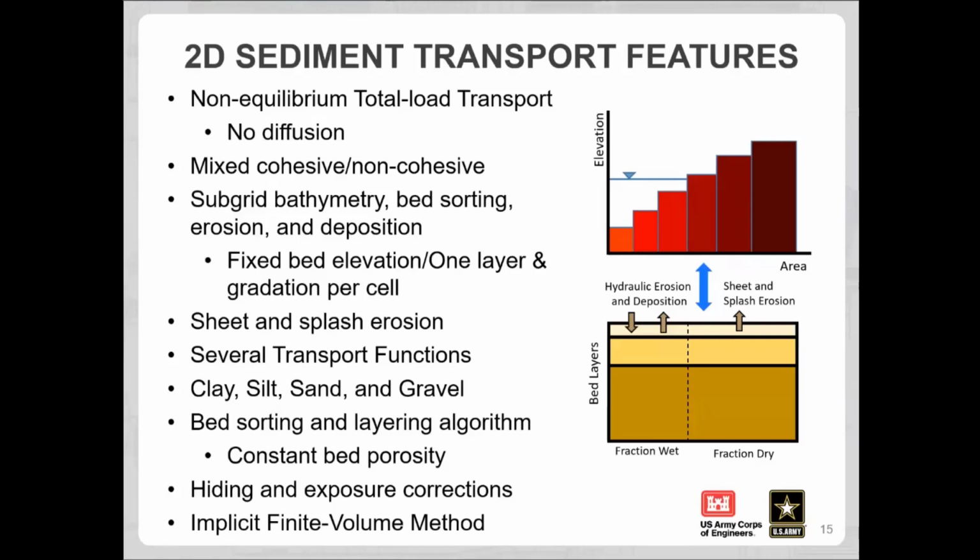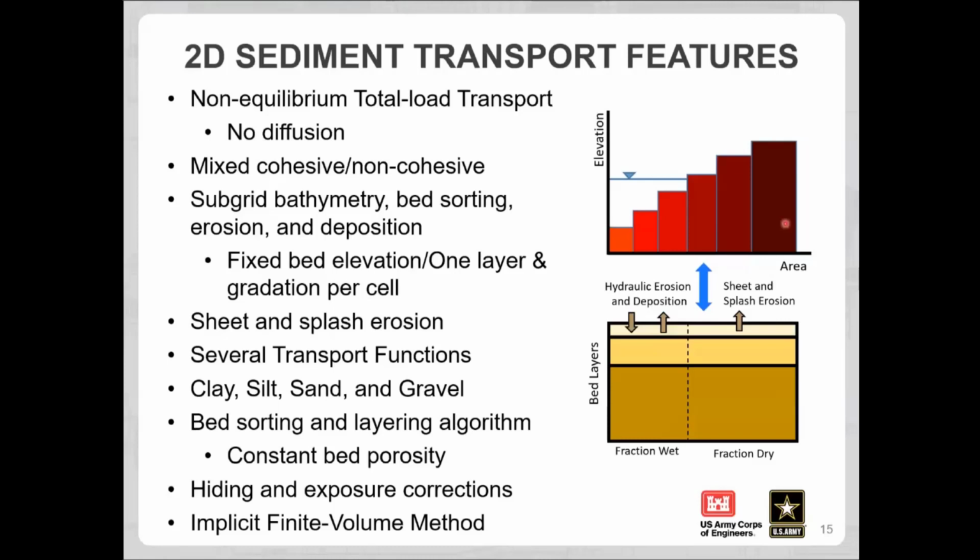For cohesive sediment, clay and silt, we're using the Krone and Partheniades method. For the non-cohesive part, sand and gravel, we're using the hydraulic erosion and deposition equation. Like HEC-RAS, we're using the subgrid bathymetry.